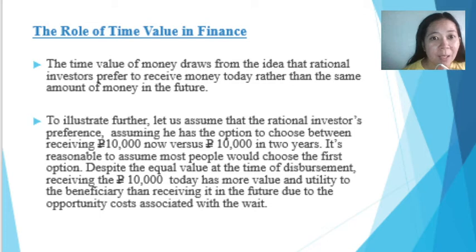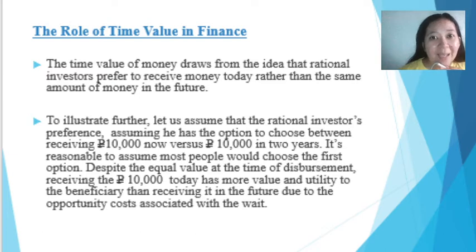However, it is under the time value of money concept. Receiving the 10,000 now has more value and utility to the beneficiary than receiving it in the future because of the opportunity that will be lost if the investor will wait for a period of time and not invest it now.